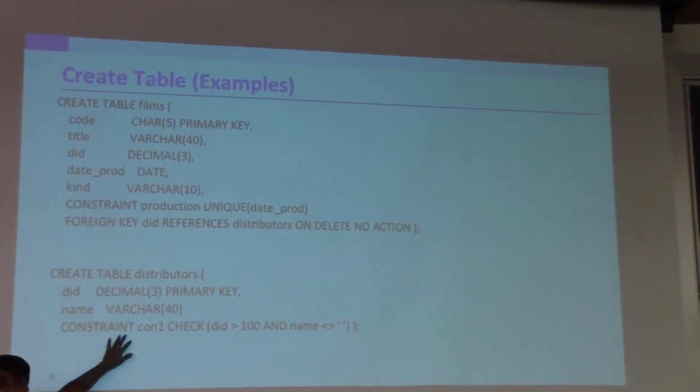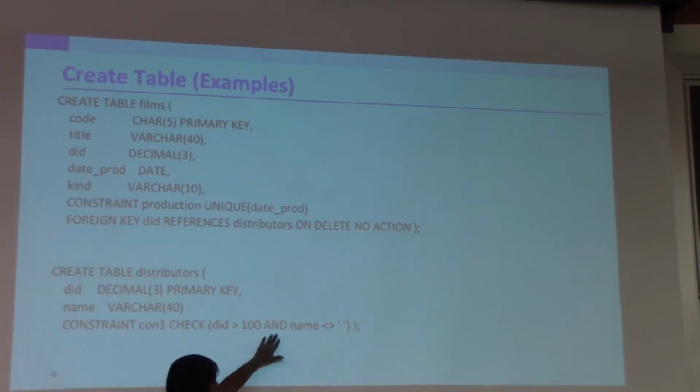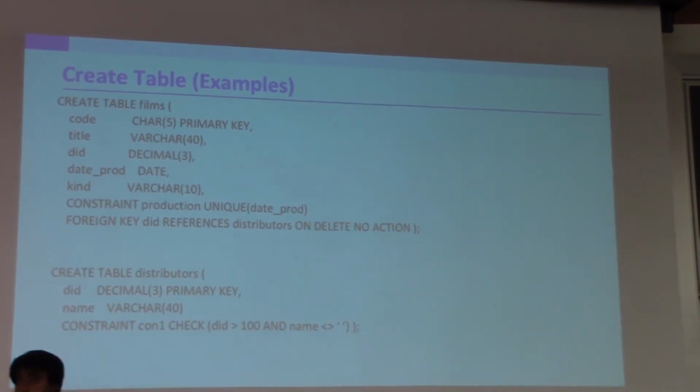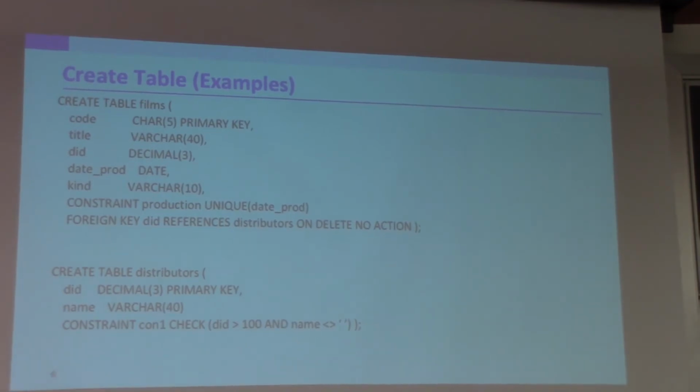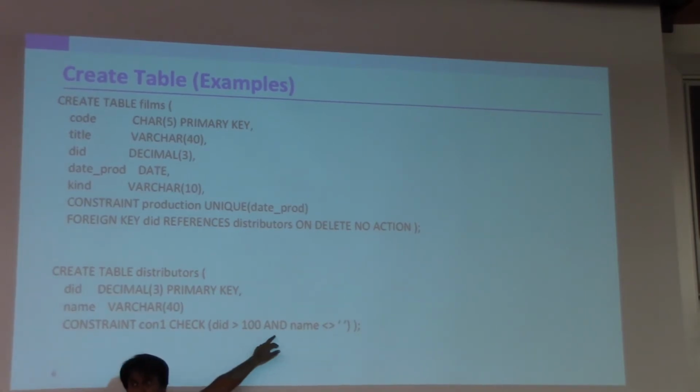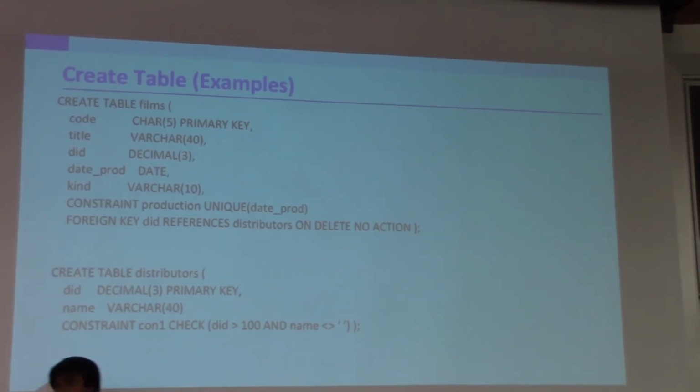Then I don't need this part. But if I do OR over here, then there is a problem, right? You can't have the constraint over here if you just have the OR. There is an exception you are making, that if my DID is less than 100, the name can be blank.